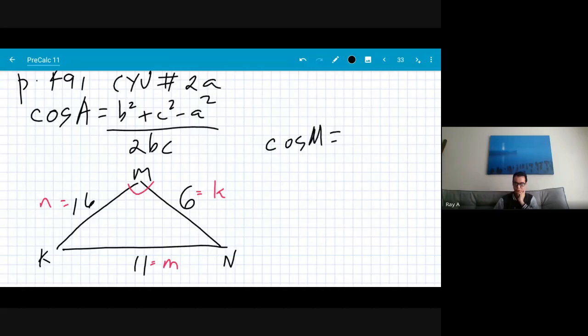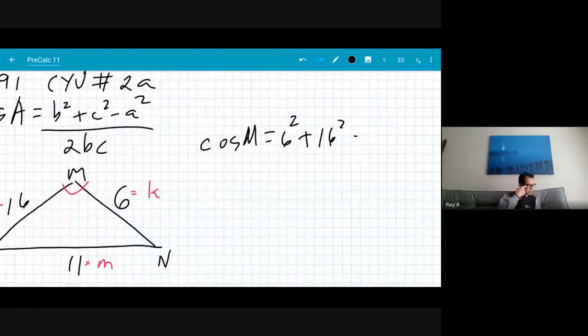Cosine of m is equal to 6 squared, which is my b squared, plus 16 squared, which is my c squared, minus, let's see what I have. Looking at my work so that I don't have to redo it again.